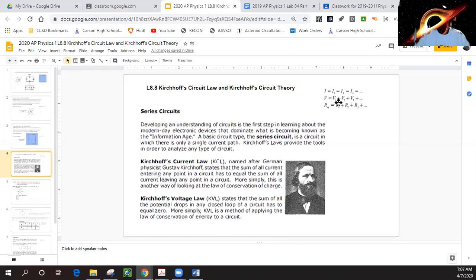The voltages we saw all in a loop add up to the total voltage. And when you have resistors in series, you can add them up: R1 plus R2 plus R3 equals the total resistance. This applies for a series circuit only. And we may need to use this a little bit later.